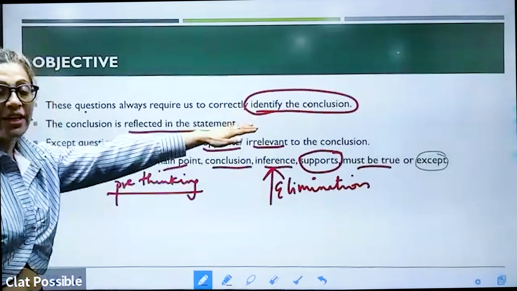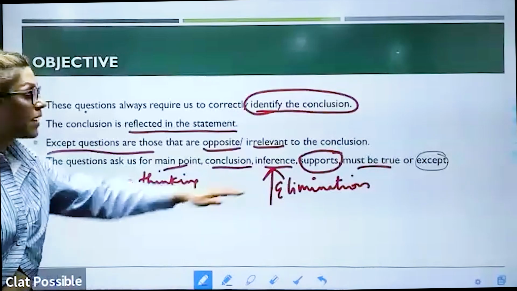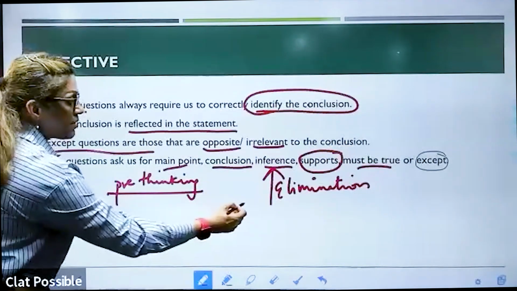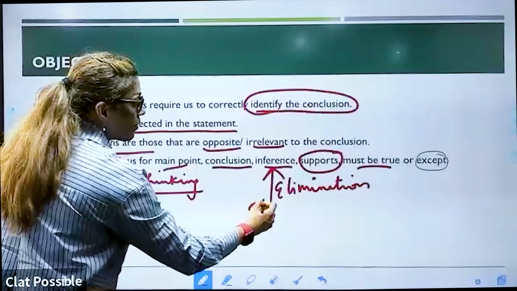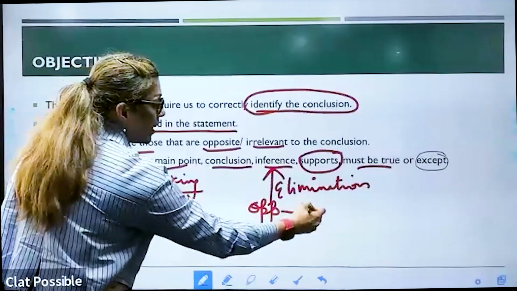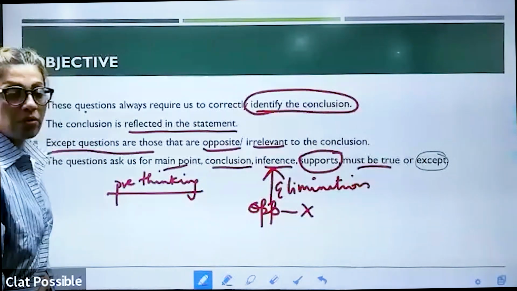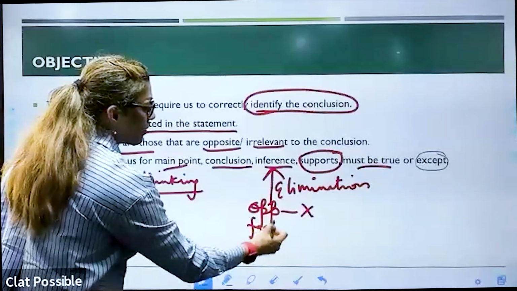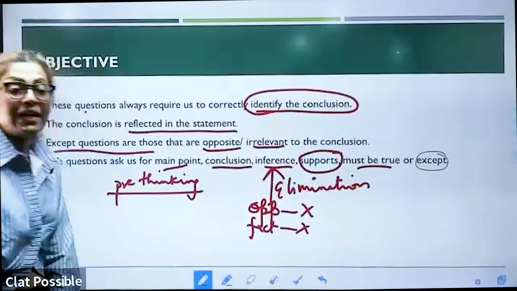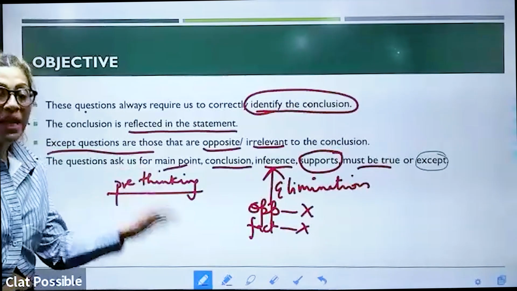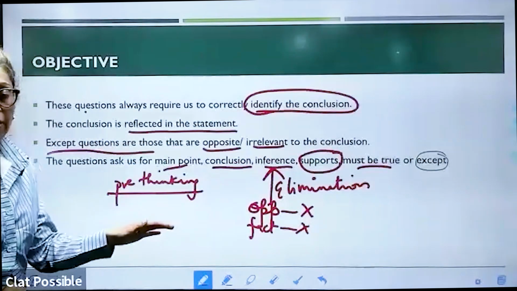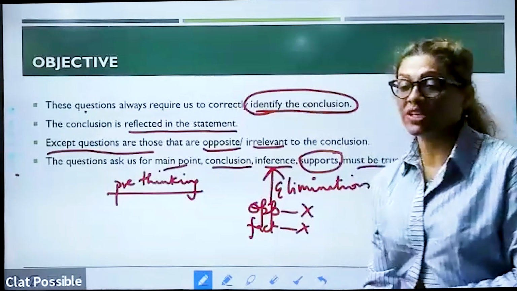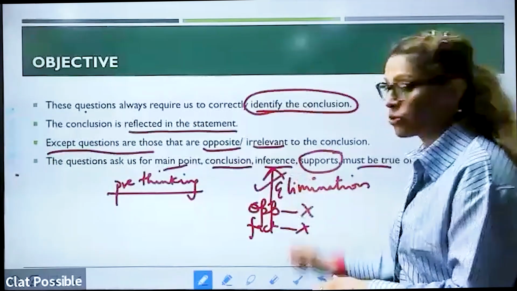Rather, have an idea of the conclusion in your mind, but go with the approach of elimination. Whatever is bang opposite to the conclusion, eliminate. Later on the next slide, I will show you whatever is just repeating a fact, eliminate, and then work with the remaining options. So a good strategy to undertake over here in these question types is elimination of options.